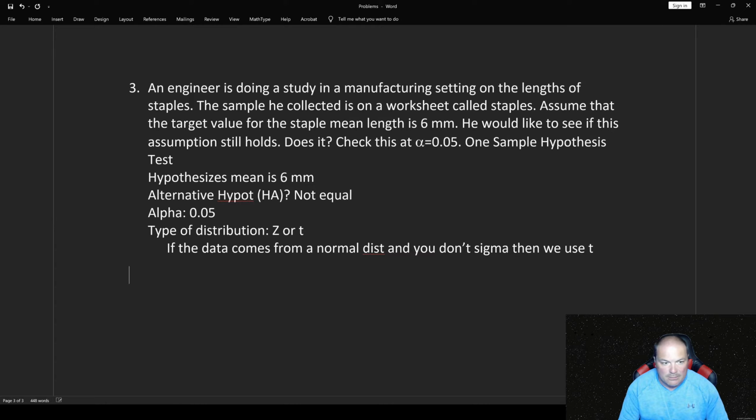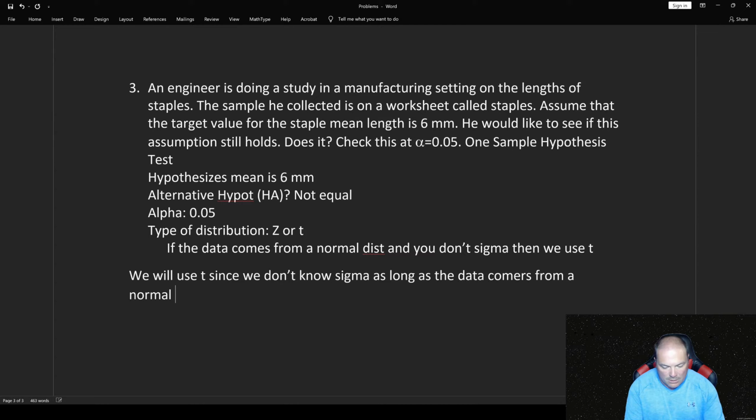That means for this problem, we will use T, since we don't know sigma, assuming one more thing: as long as the data comes from a normal distribution. So, first thing we need to check is, does the data come from a normal distribution? We have a couple ways we can do that. We can do it with a normal probability plot, or we can do it with a normality test. StatHelper will show you both.